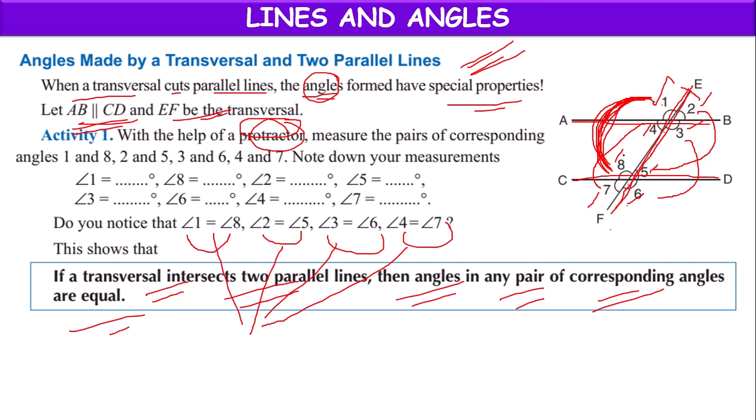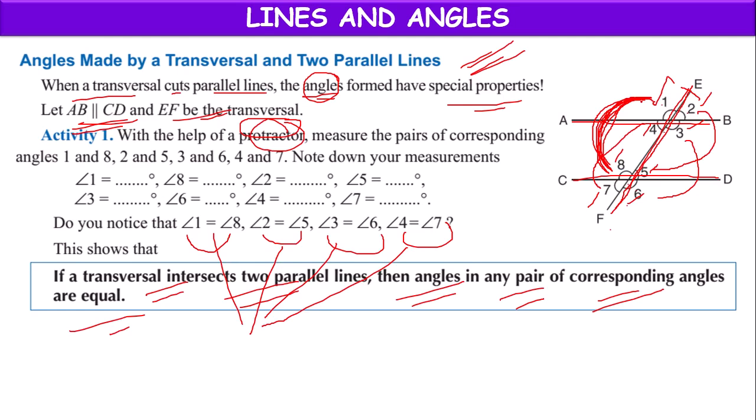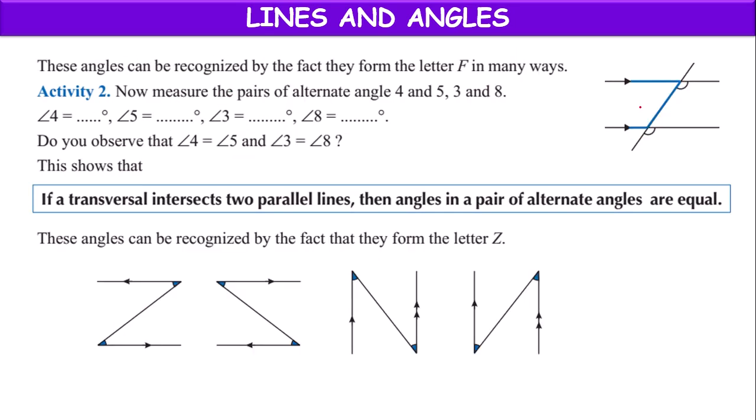That is one thing. Next, activity 2. Suppose you measure the angles 4, 5, 3, 8.